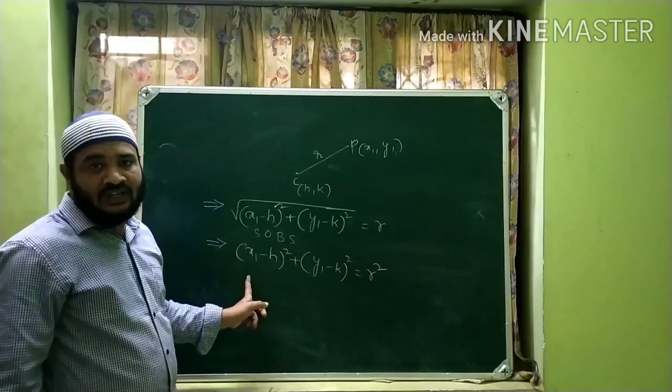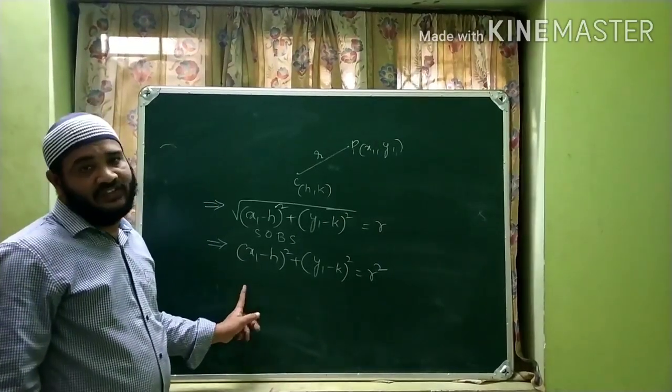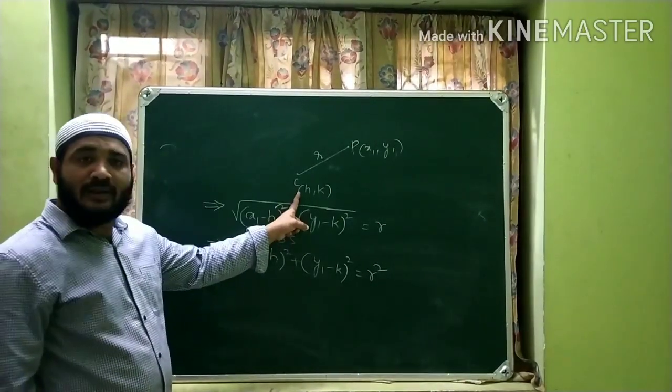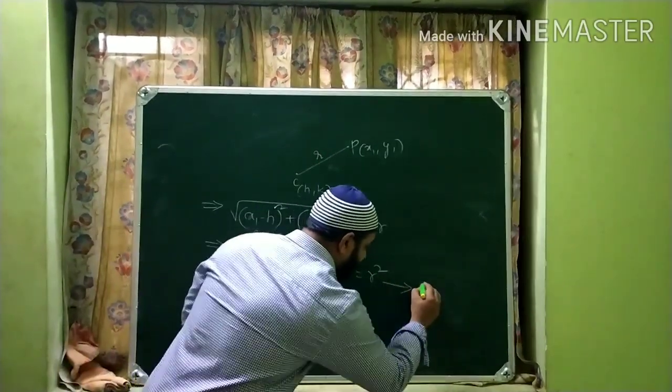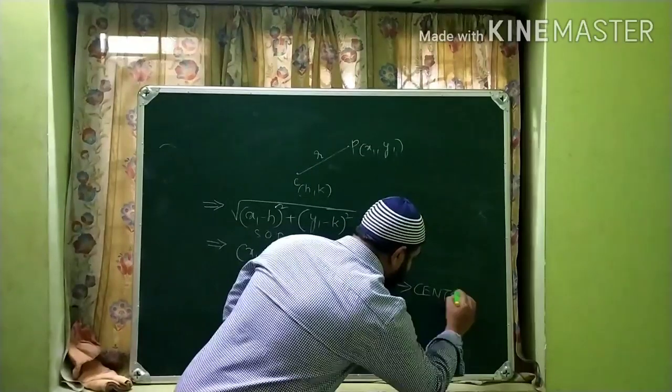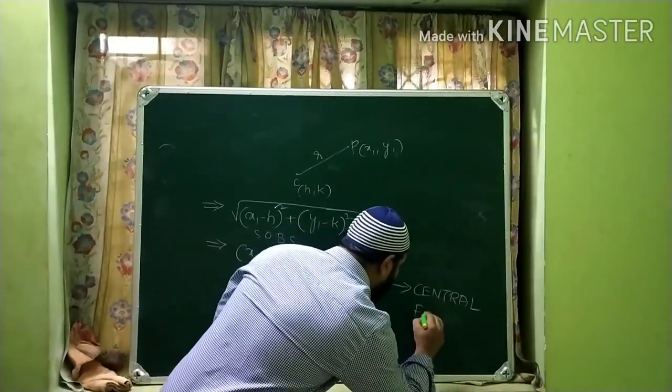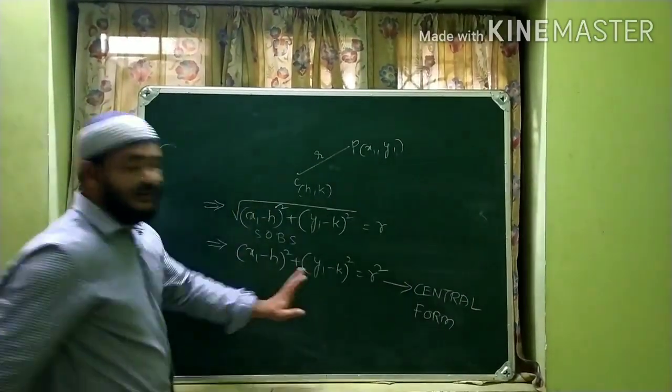So this is called the central form of the circle when center C (h, k) and radius r is given. So what is this? Central form of a circle.